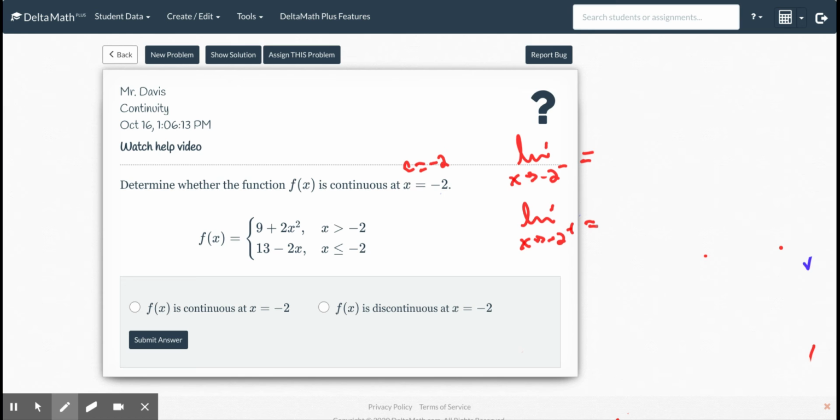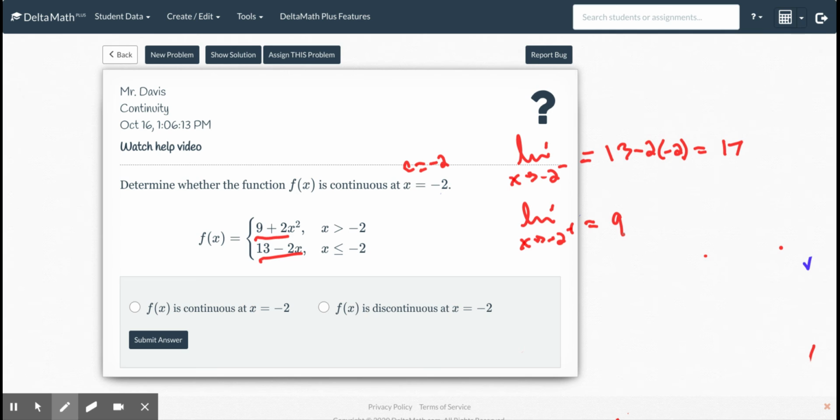So we need to choose which function. For the left side, we're going to choose this one, right? Because those are numbers less than -2. So 13 minus 2 times -2. That's going to end up being 17. And for the right, we're going to plug it into the top one because that number's bigger.